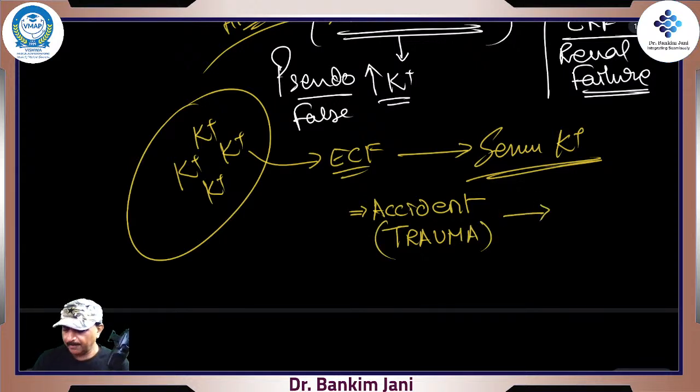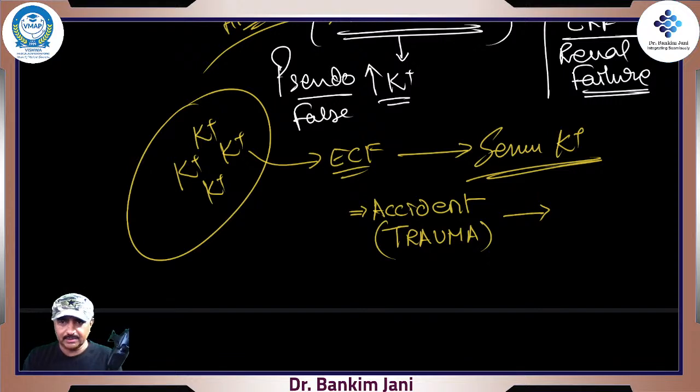In trauma, say there is one type of injury, a very crude way to explain, but we need to know. Those machines sometimes cut the hand, so the hand is sliced.